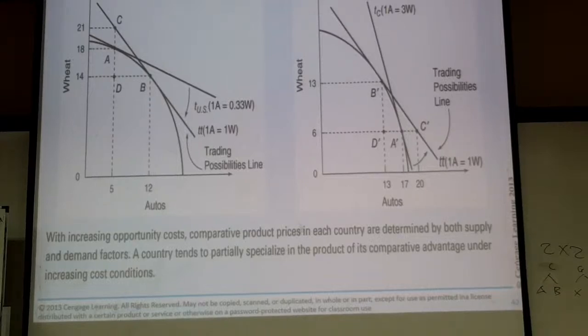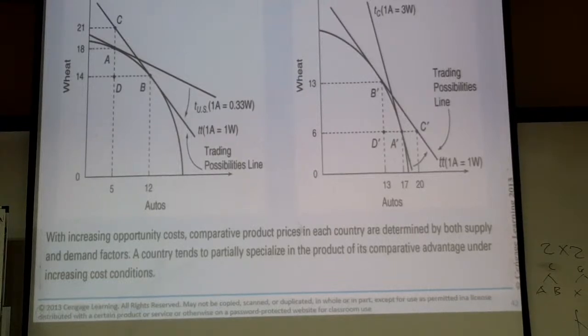This is partial specialization, not complete all the way to the end, unlike the constant cost case. Complete specialization, okay? And then the trading line.